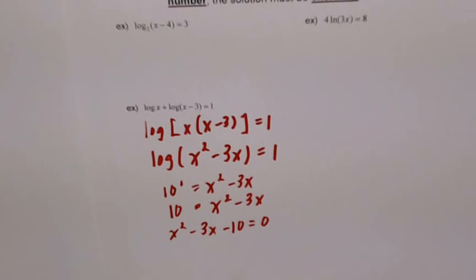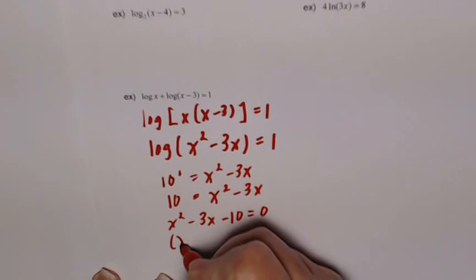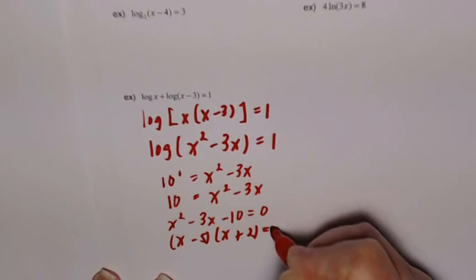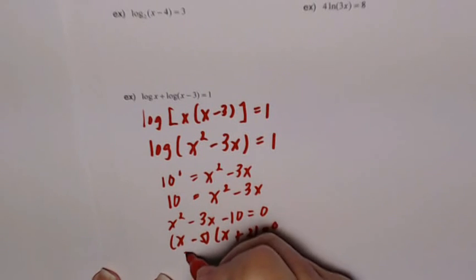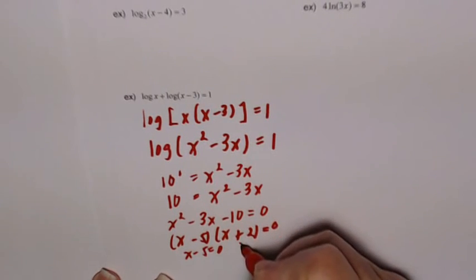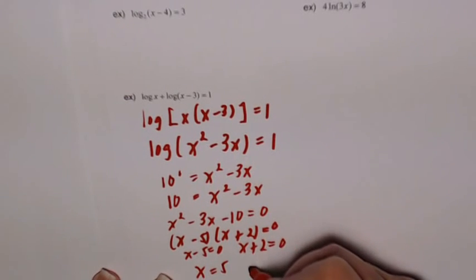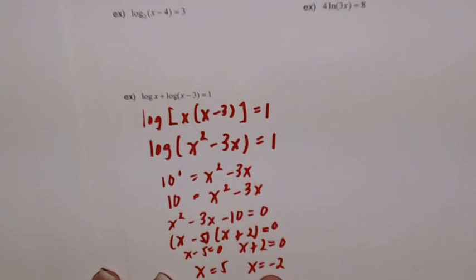Now we can solve this by factoring. Our two factors are x minus 5 and x plus 2 equal to 0. Each of these becomes a little mini equation: x minus 5 equals 0, x plus 2 equals 0, so x equals 5 and x equals negative 2.